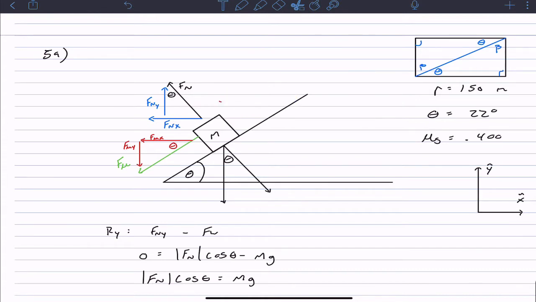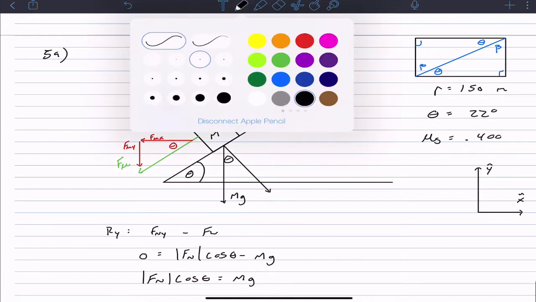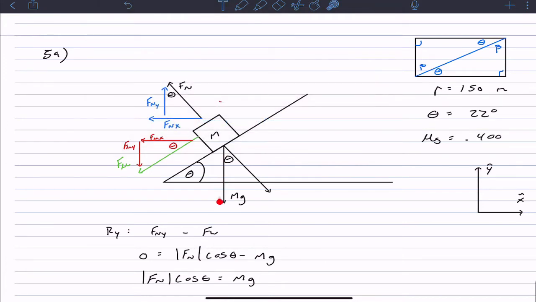All right? So we add in this frictional force, which means for our y component, I should have been more clear here, we're going to have mg, we're going to have Fny, and we're going to have the F mu y. Okay? So I'll show you what I mean.